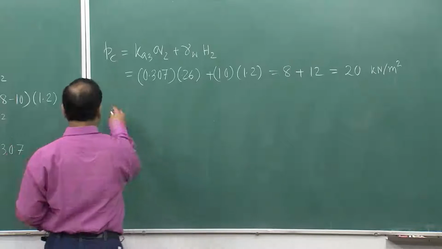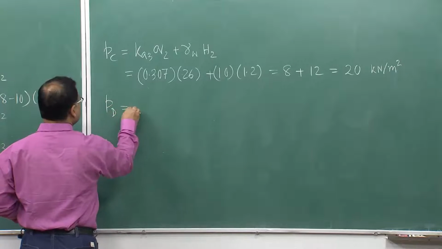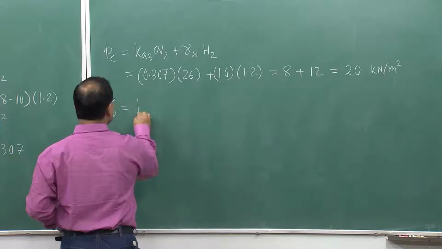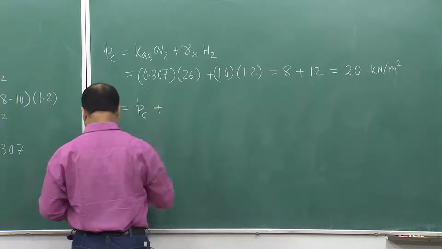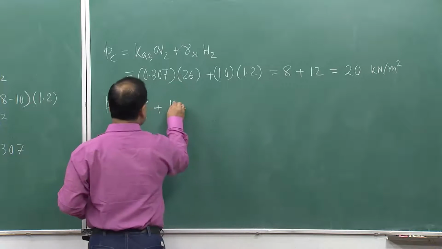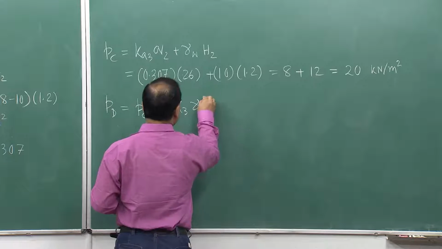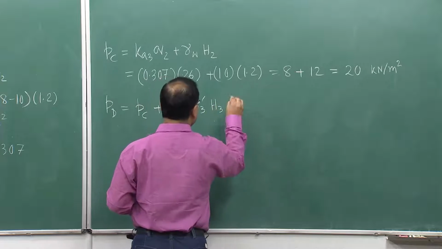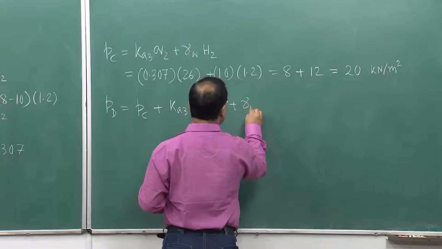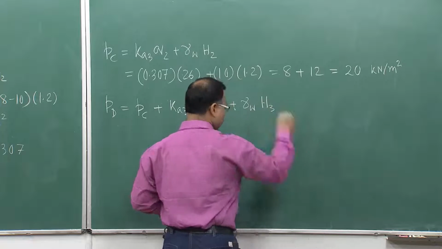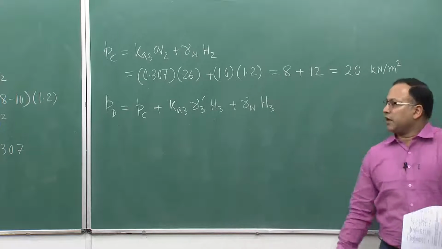So, first we will calculate PD. So, PD is Pc plus Ka3 gamma 3 prime H3 plus water pressure gamma W H3. Please try to understand.